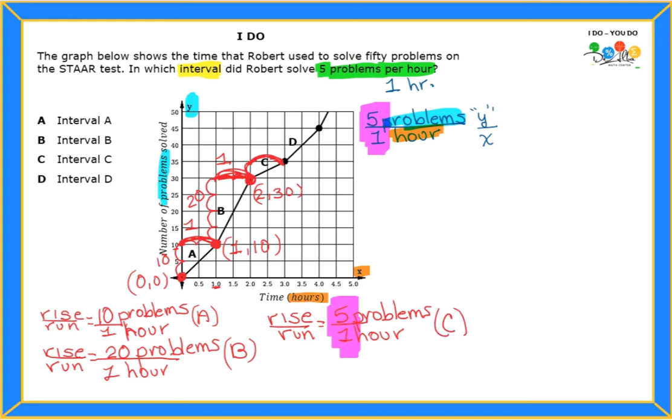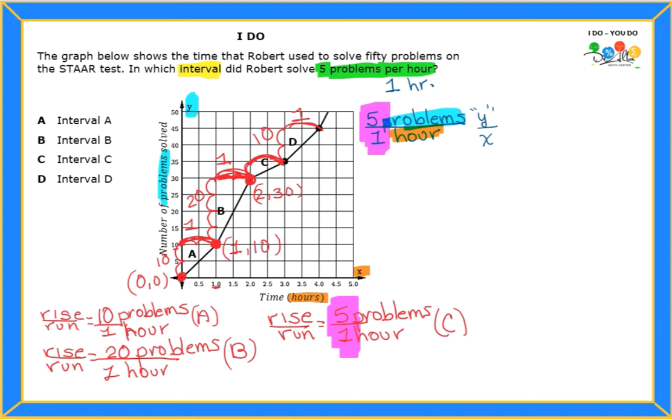It goes 5 problems up, 1 hour to the right. Okay? If you're wondering if the last one works, let's do it. This is 10 problems, and this will be 1 hour. So interval D and A are exactly the same, right? Okay, very good. So apparently it looks like my answer is letter C.